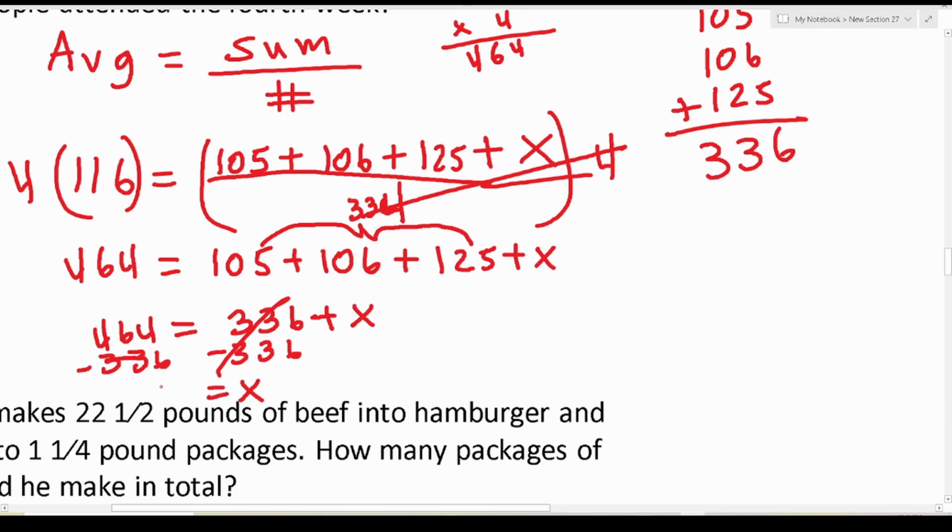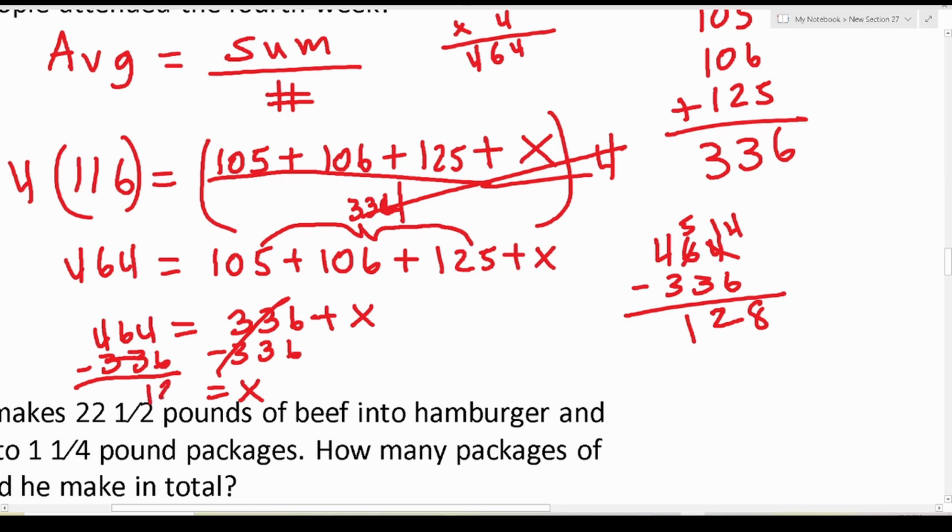As we can see, x is 464 minus 336. So this is 464 minus 336. 4 minus 6 we can't do, so we have to borrow. This becomes 5. This becomes 14. 14 minus 6 is 8. 5 minus 3 is 2. And 4 minus 3 is 1.